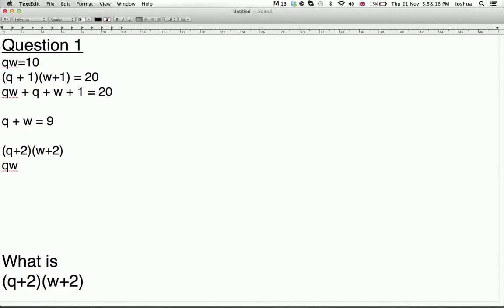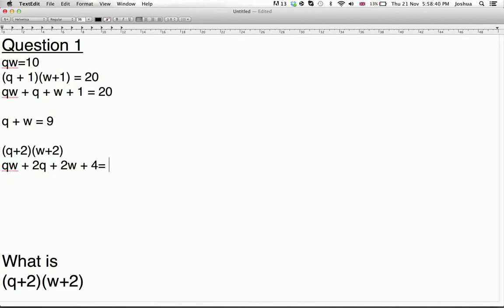QW plus, and this time it would be 2Q plus 2W plus 4, and we don't know what it is equal to. We just know 2Q plus 2W plus QW plus 4.